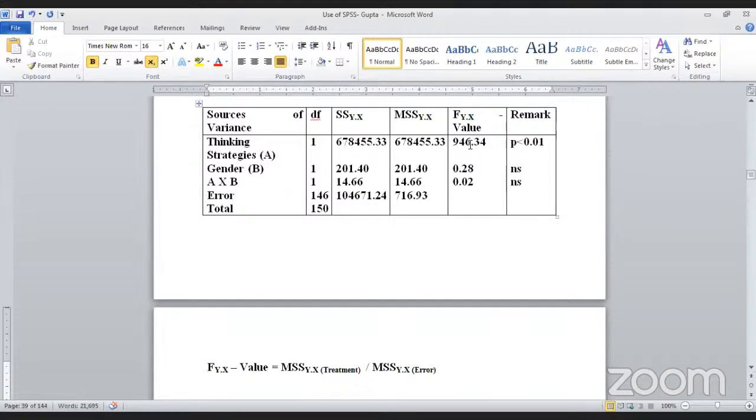So this has to be divided by the error and you get this. 201.40 has to be divided by 716.93. The answer is this. I hope you have understood.